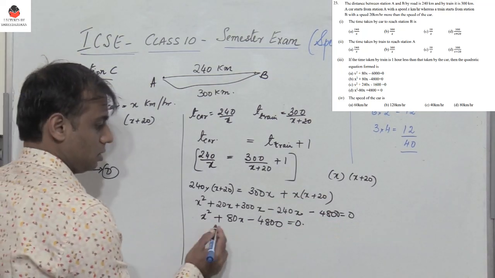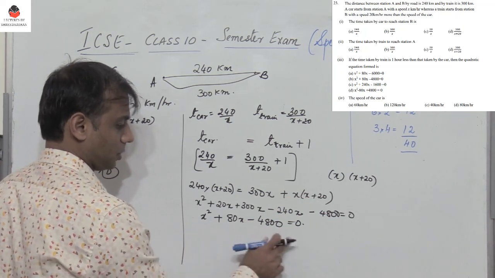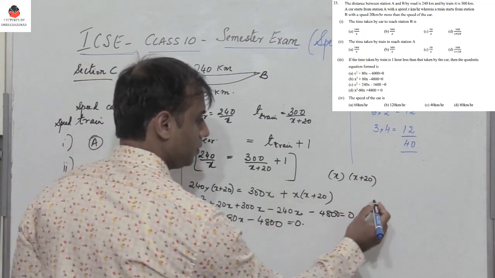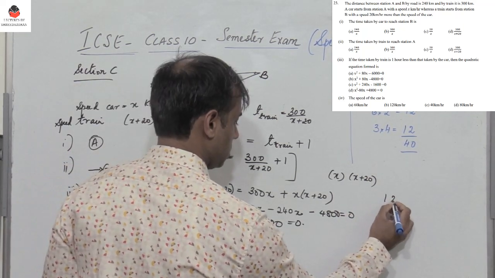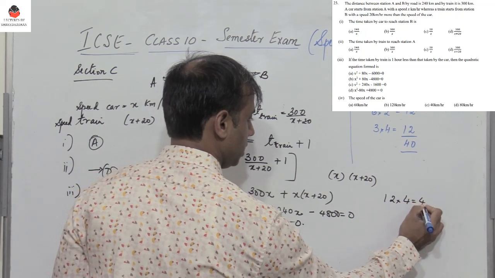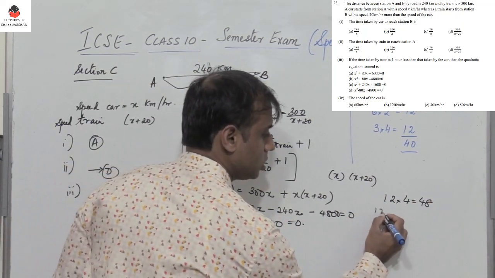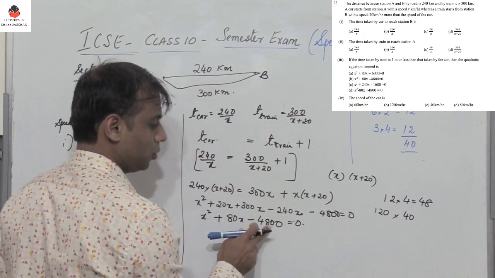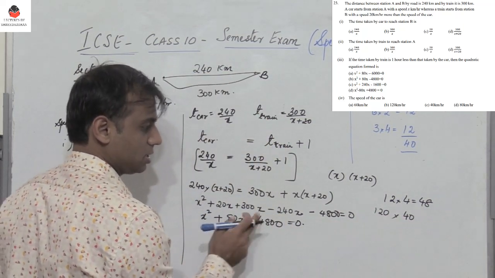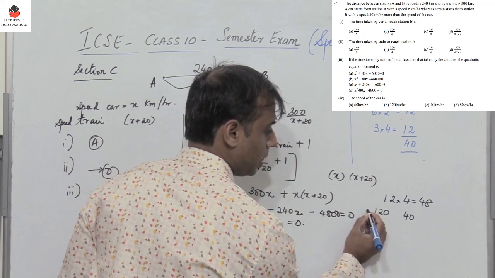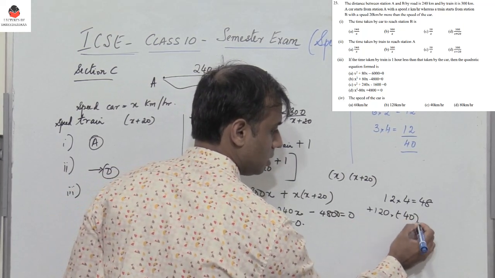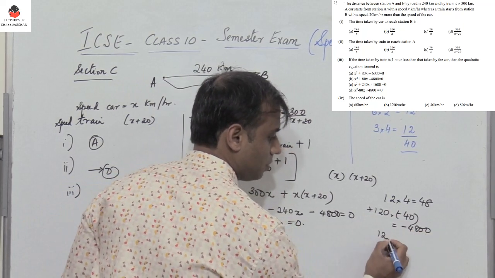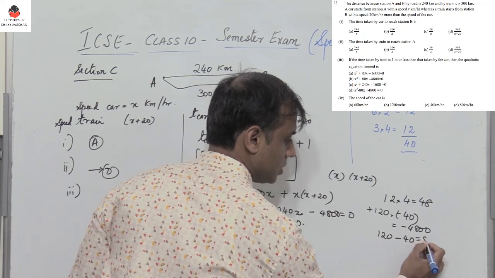Right. So now I need to find or solve for the quadratic equation. So we find that 120 into 40 gives me 4800, but I need a minus sign here, right? So plus 120 into minus 40 gives us minus 4800, whereas plus 120 minus 40 gives us 80.